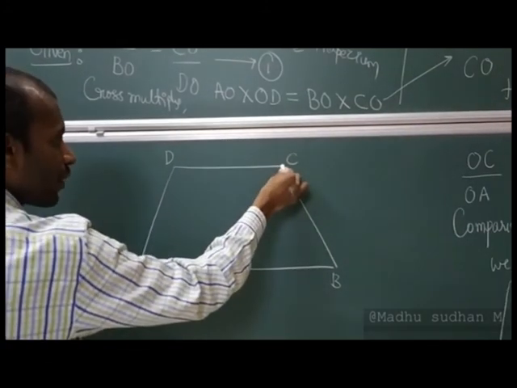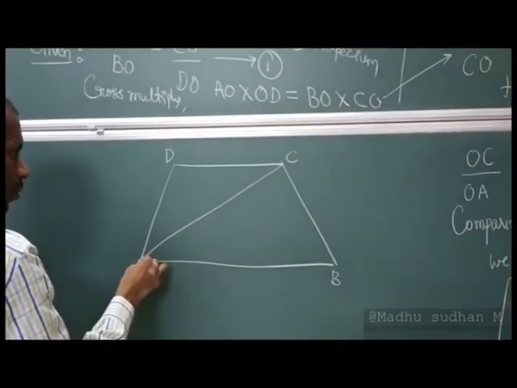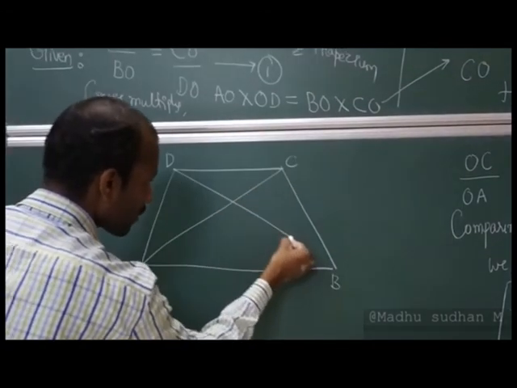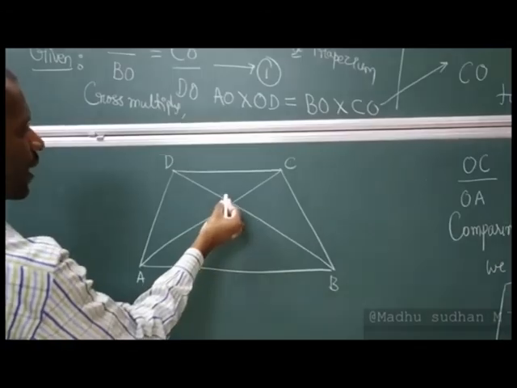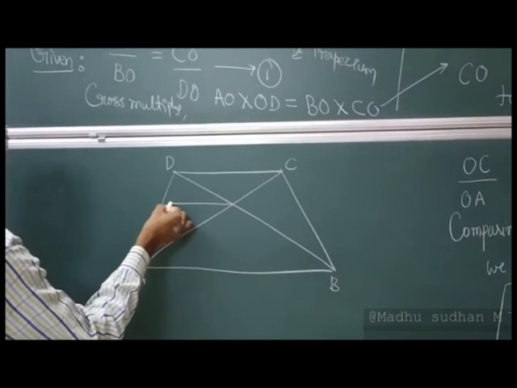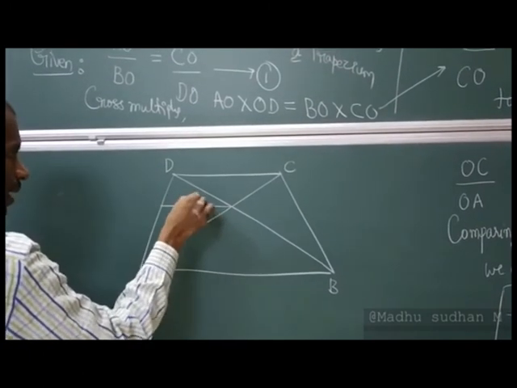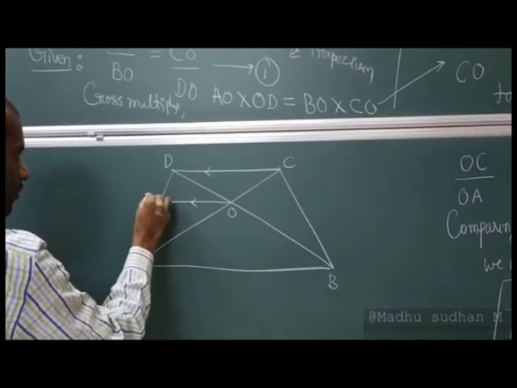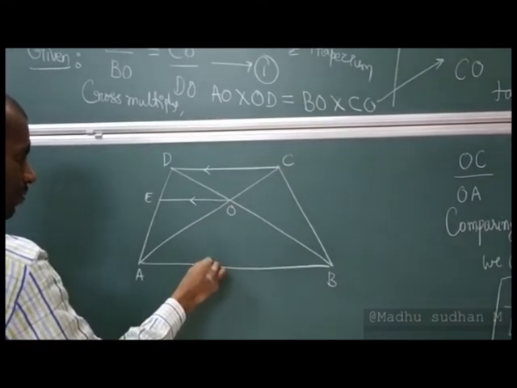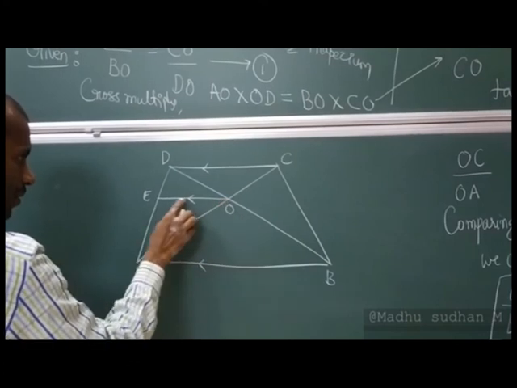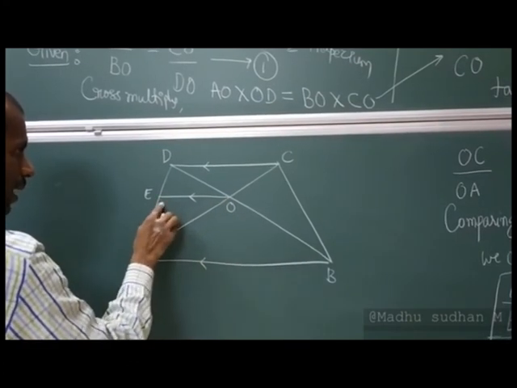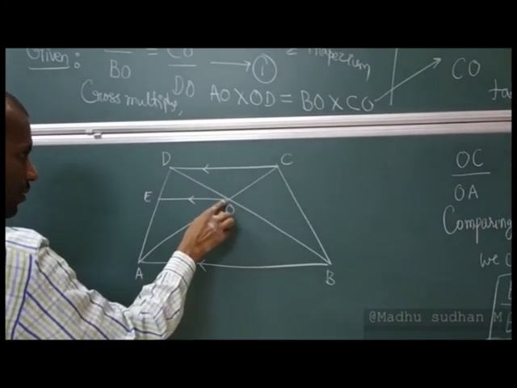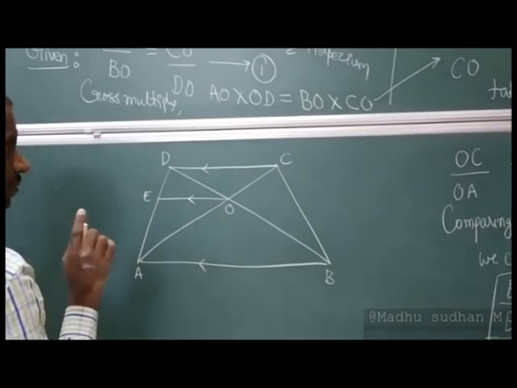We had joined the non-consecutive vertices, and these are the diagonals. And we have a construction. This is O here, this is E here, and this line was constructed to be parallel to this, and this line was constructed to be parallel to this. Follow it?